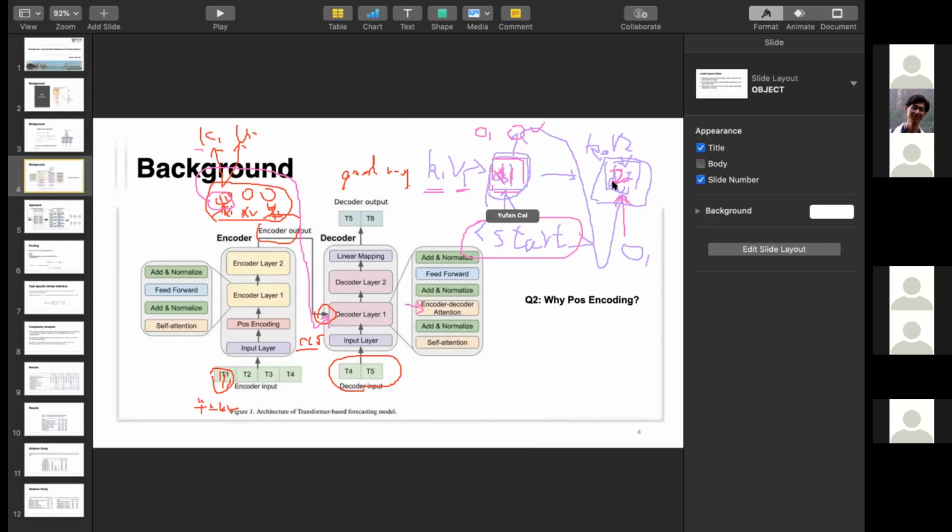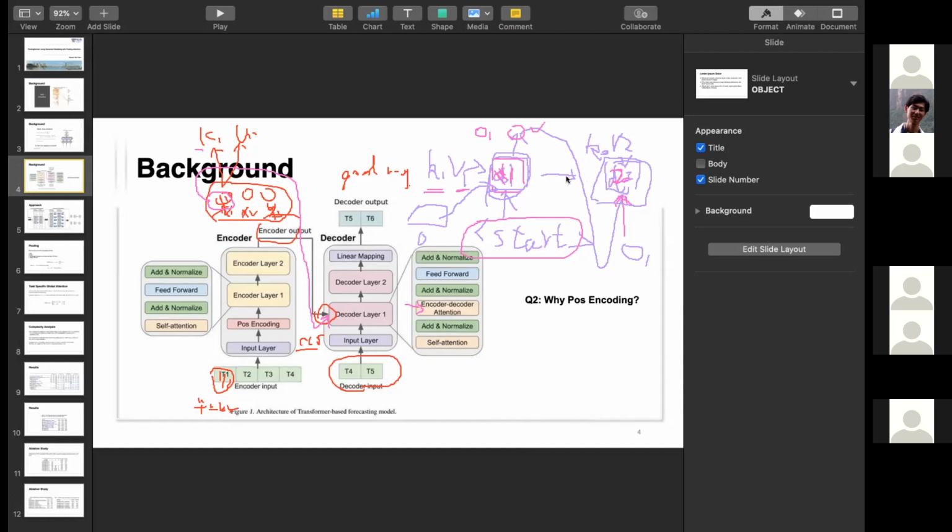So what's the information we get from the start? Besides this start token in the vocabulary, what's the neuron 0 information? It's not K1 V1.